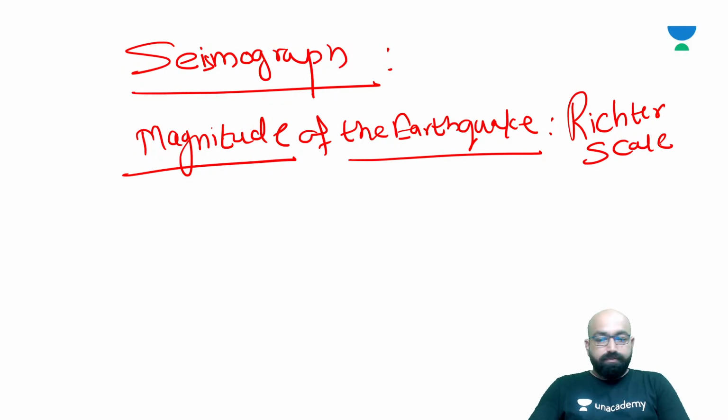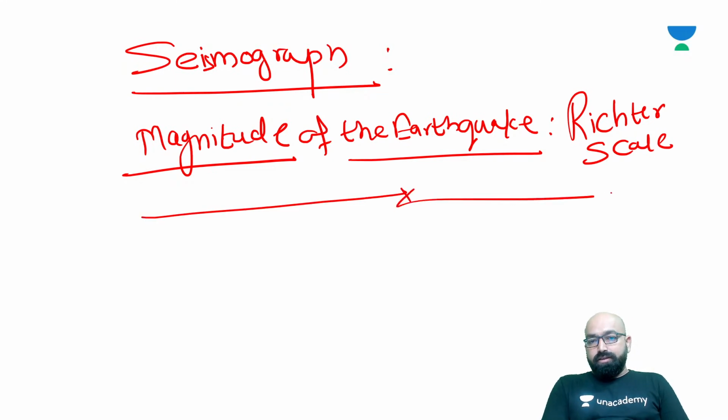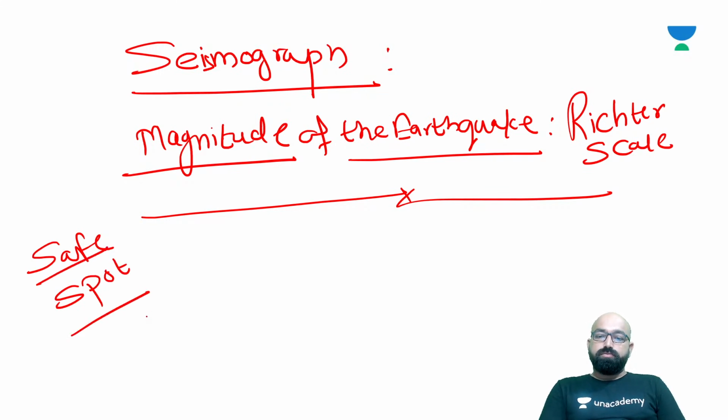So friends, when we are talking about the earthquake preparedness, first is safe spot. So under a kitchen counter, table or desk, or against an inside corner or wall.